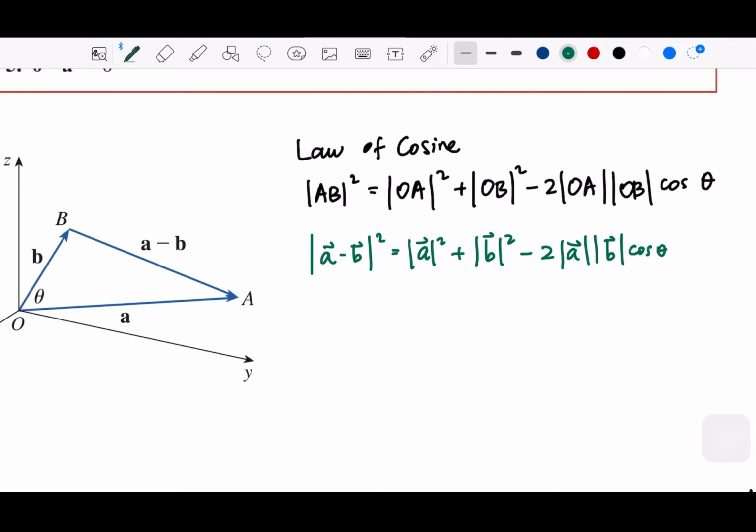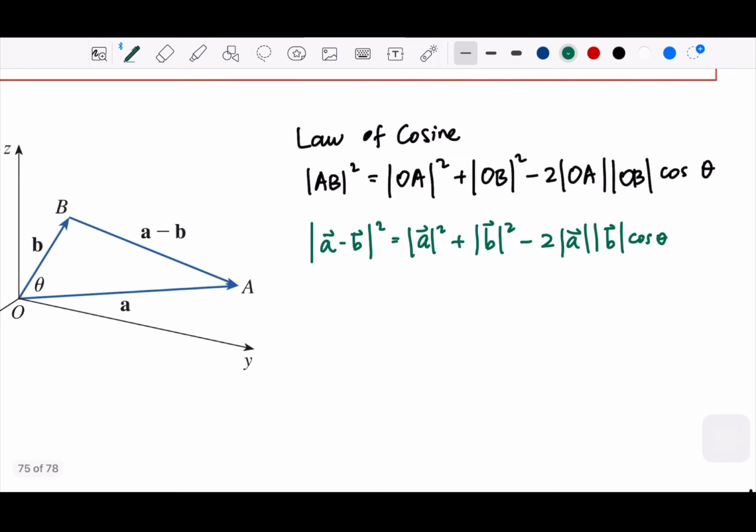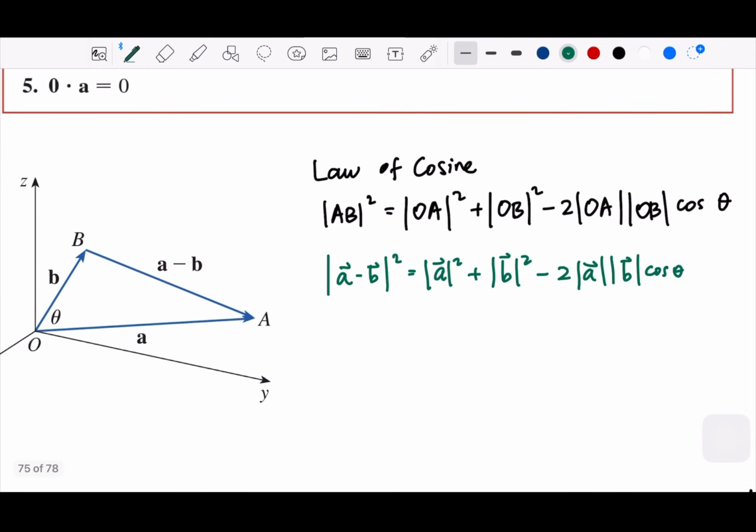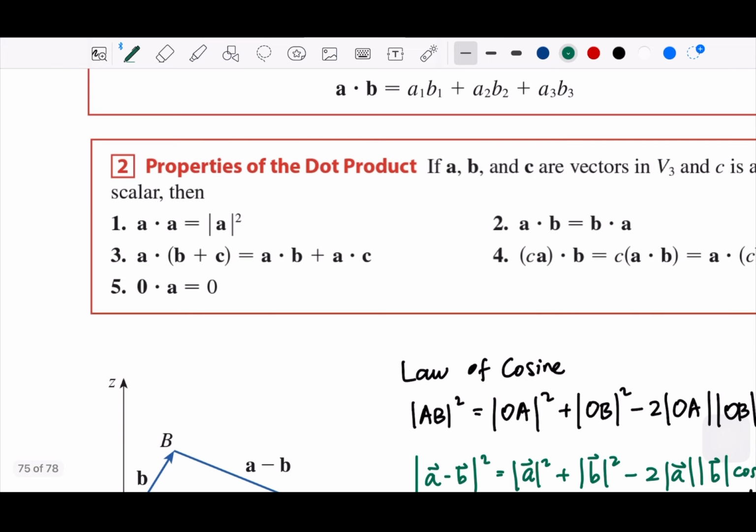Okay, and then we have a squared, b squared, and then we have this 2ab. If we remember this one here, that if we have a dot a, this is the a squared.